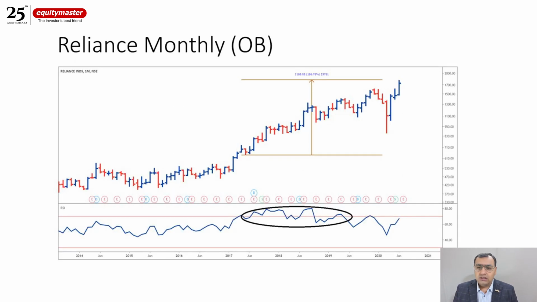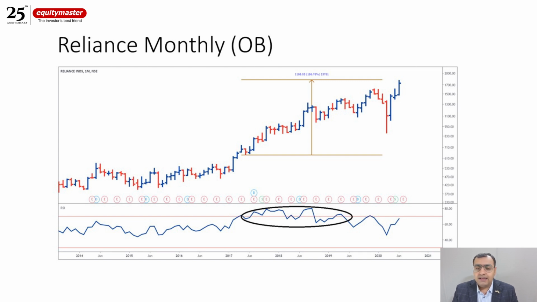Look at this RSI monthly chart, and on the monthly, when prices were around 650, split and dividend adjusted, RSI was above 70 and Reliance went on to 1450, 1500 levels. Still RSI was in the overbought zone. So if you look at RSI overbought and avoid going long, you tend to miss those rallies.